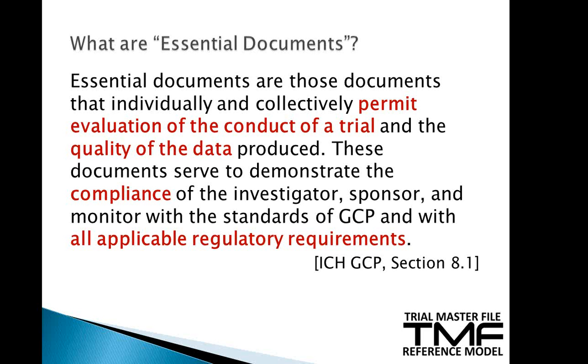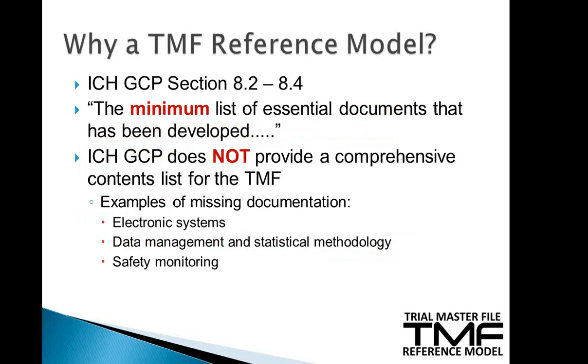So essential documents, what are those? ICH provides us with some immediate definitions of what an essential document is and what it might include. So we look to ICH first as a global research community, and there we find some information about what essential documents are. However, if you go to the next slide, Jim, ICH talks about the minimum list of essential documents and lists those out.